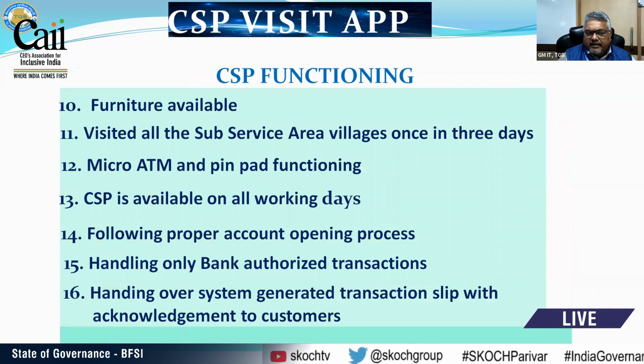Regarding the functioning: furniture available, visits to service area villages, whether the micro ATM and PIN pad are functioning, because the card has to be swiped, whether he is available on all working days, whether he is following the proper process, and whether he is doing only authorized transactions and handing over a system-generated slip as acknowledgement to the customers.